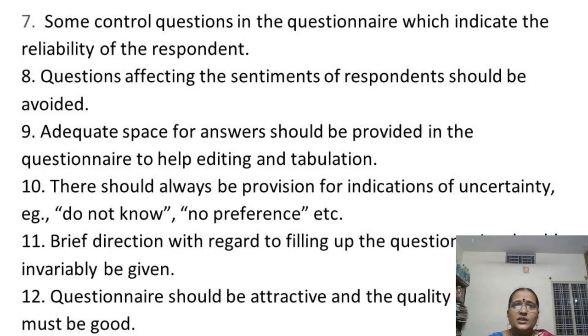Next, tenth one is there should always be provision for indications of uncertainty, for example, do not know, no preference, etc. And eleventh one is brief directions with regard to filling up the questionnaire should invariably be given. And lastly, the questionnaire should be attractive and the quality of the paper must be good.